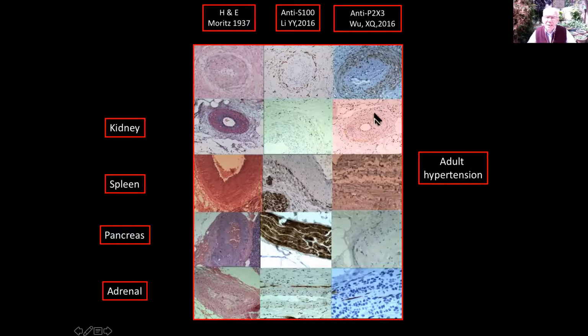Notice it is negative in kidney, spleen, pancreas, and adrenal. So it opens up the opportunity for using an anti-P2X3 agent in this sort of setting, and I think there may be many opportunities for anti-P2X3 agents if one becomes available.